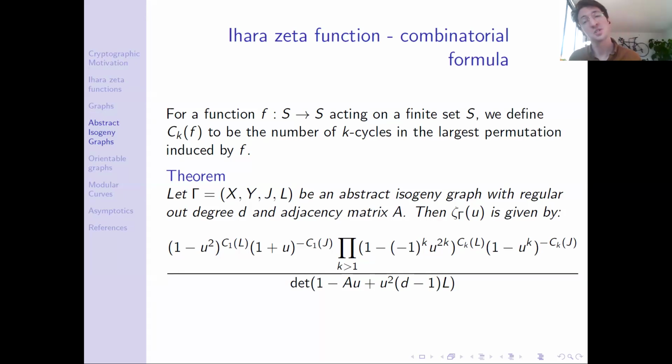looks, I will argue, similar to the original, just much more complicated. So in the numerator, we have a bunch of products of hopefully simple polynomials raised to powers, but now our powers involve the number of cycles in the permutations induced by L acting on the vertices and J acting on the edges.